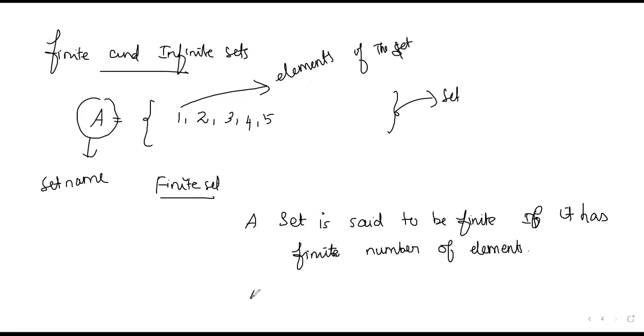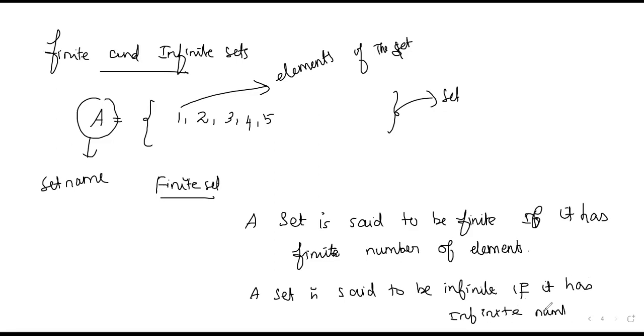Another one, a set is said to be infinite if it has an infinite number of elements. I mean the elements are not countable. Got it? So this is the difference between the finite and infinite set.